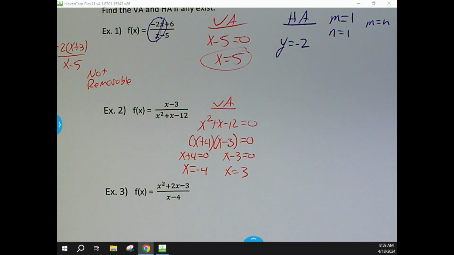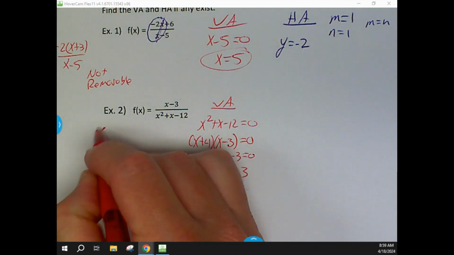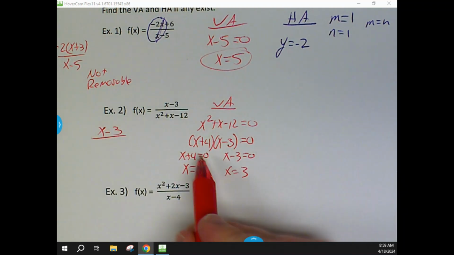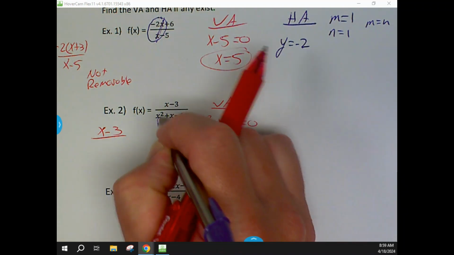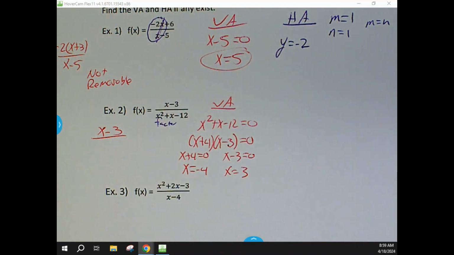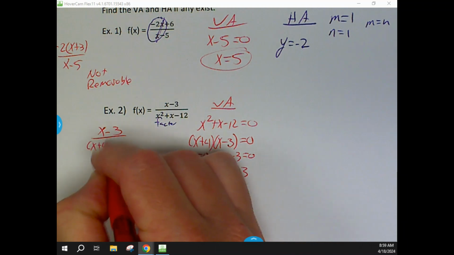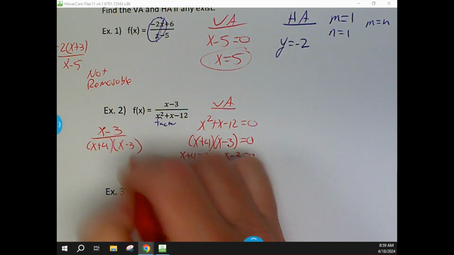Okay, and they will ask you, are either one of these two vertical asymptotes removable? If you check, we had x minus 3 over the factored bottom part, which was x plus 4 and x minus 3.